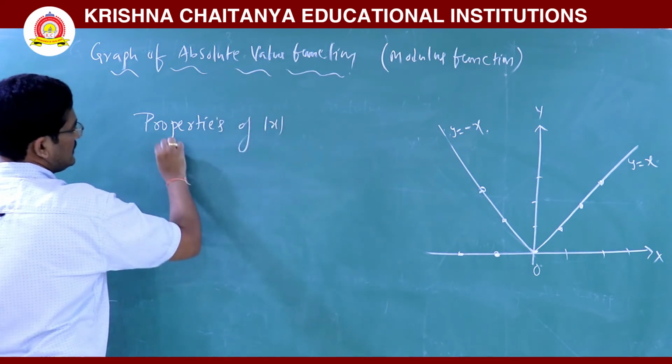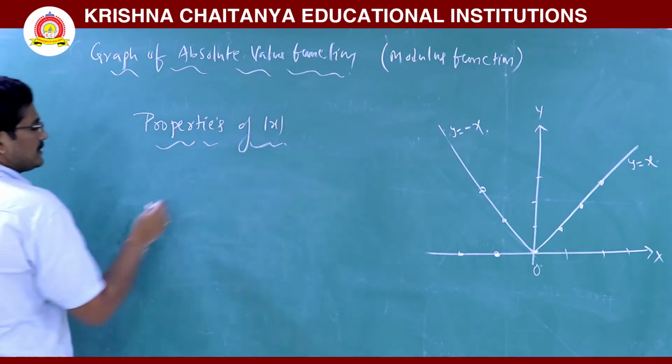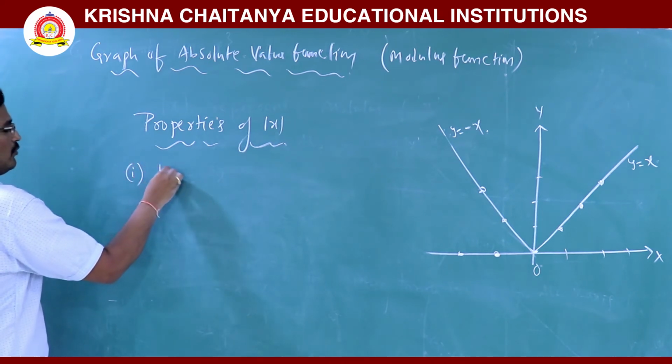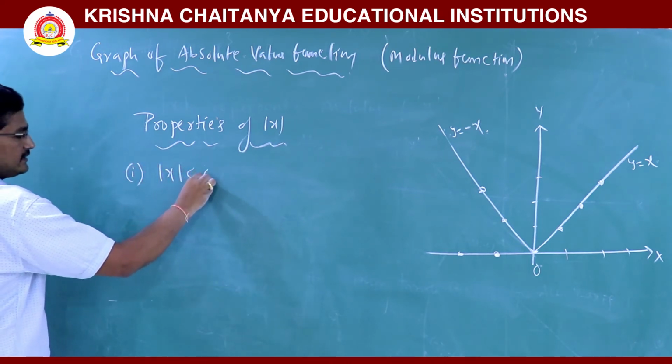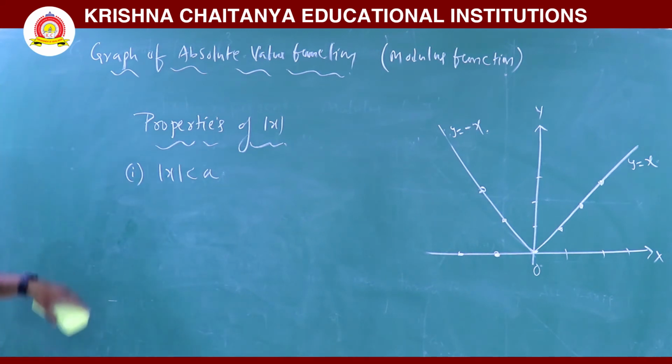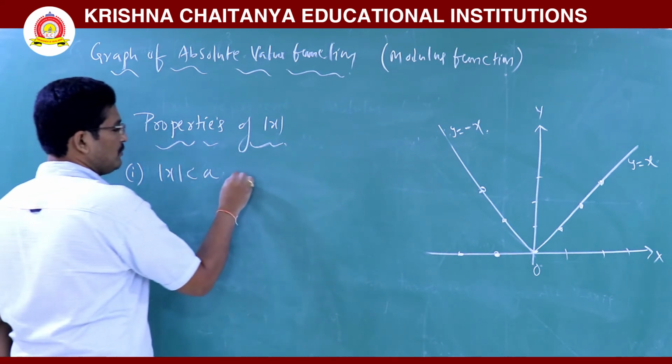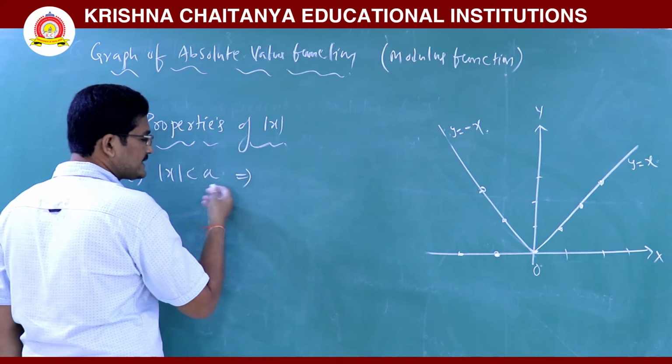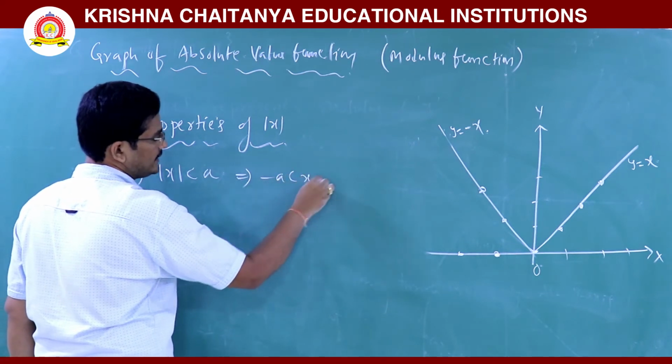Okay, suppose mod x less than a. What is the meaning of this one? Mod x less than a, then x lies between minus a to plus a.